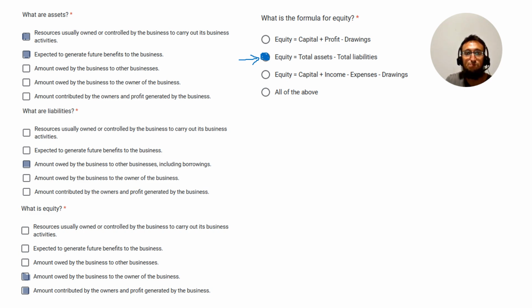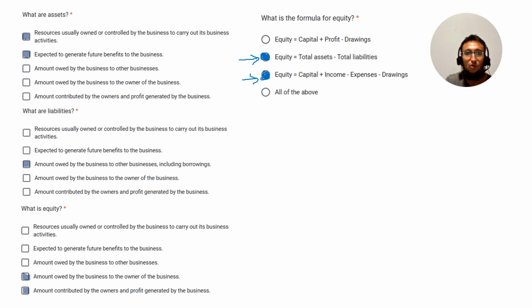Okay, for the expanded accounting equation, we can actually have equity equals capital plus income minus expenses minus drawings. Okay, so the second one here is also known as the expanded accounting equation.